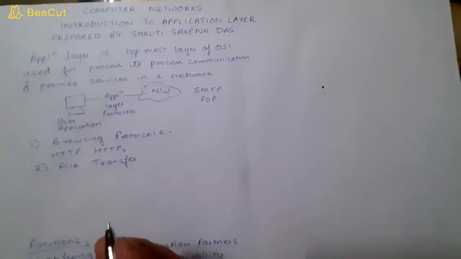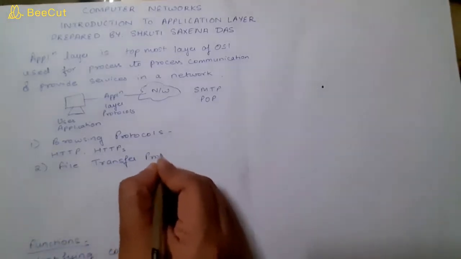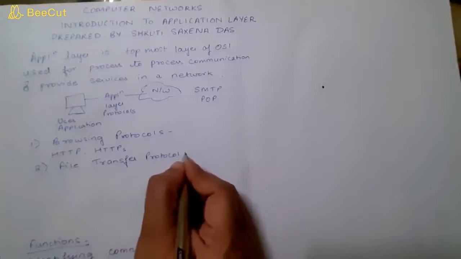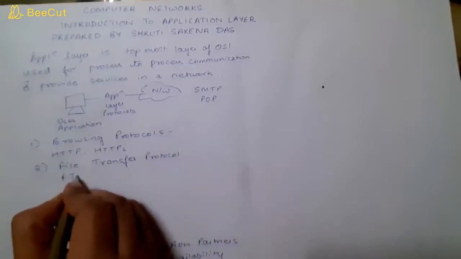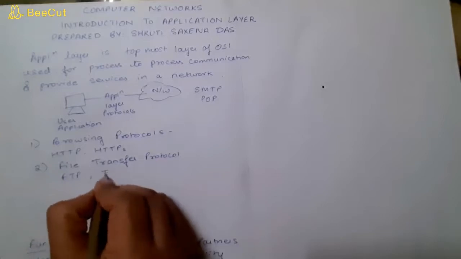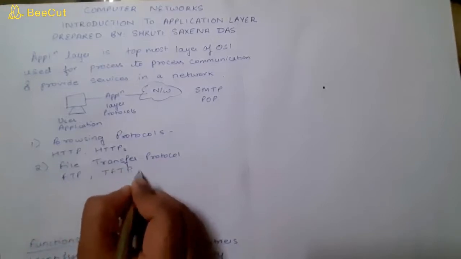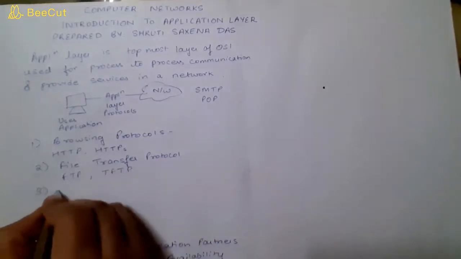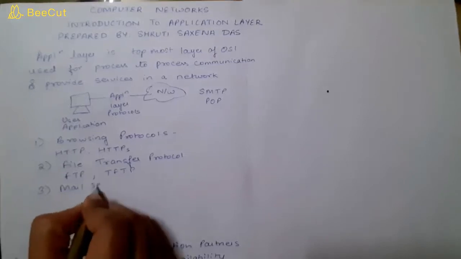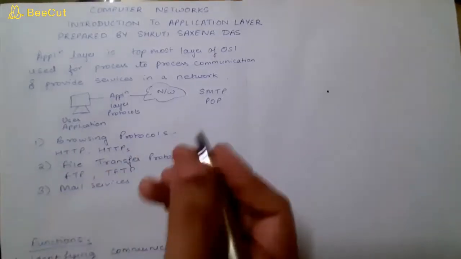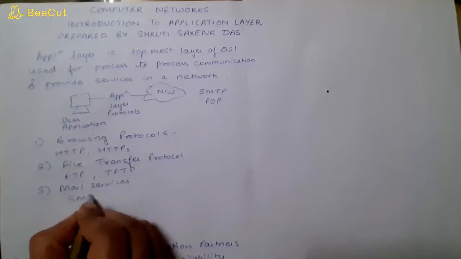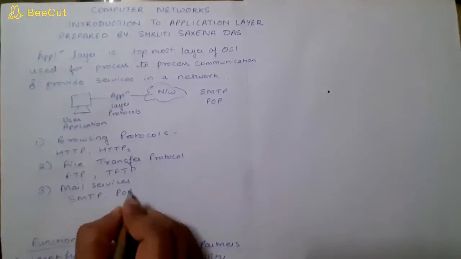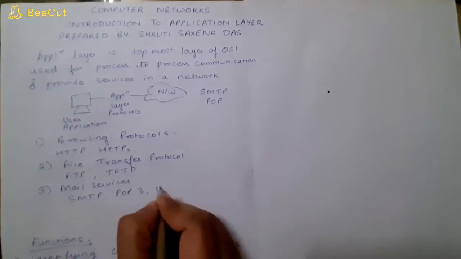Then for file transferring, if you want to transfer any file via the network, we have file transfer protocol, or trivial file transfer protocol. For mail services we have certain protocols, like I said, SMTP, post office, and then one more, IMAP.